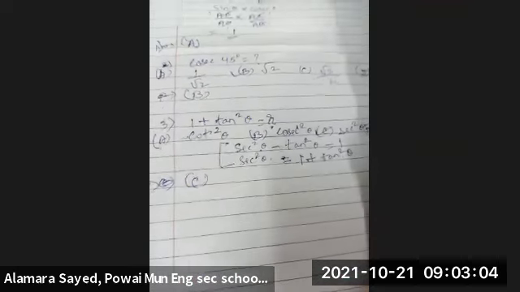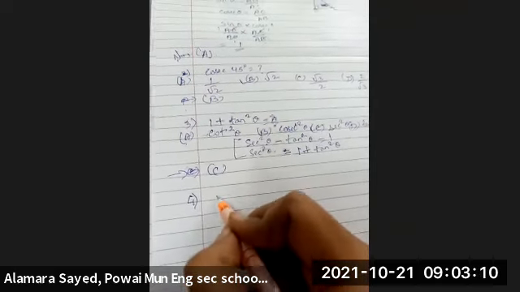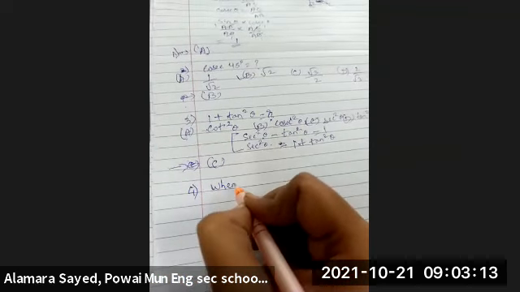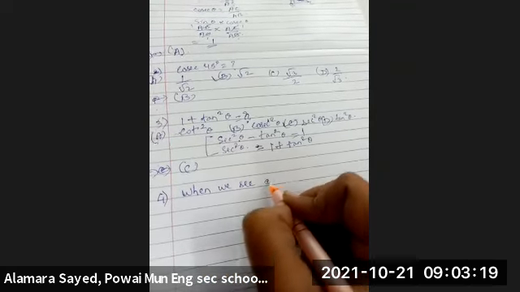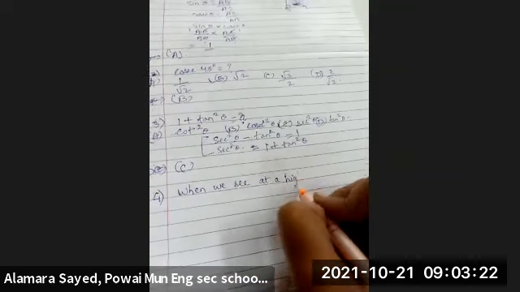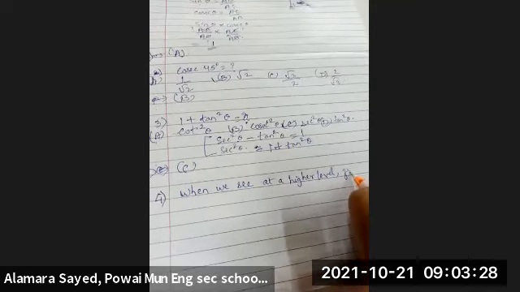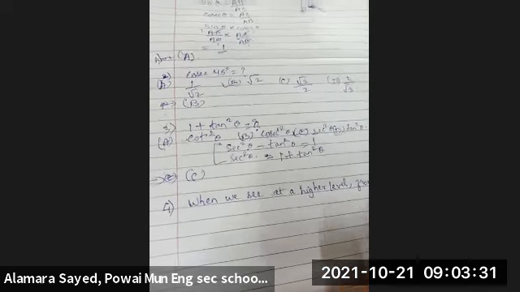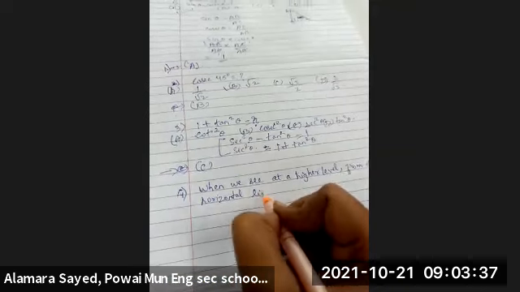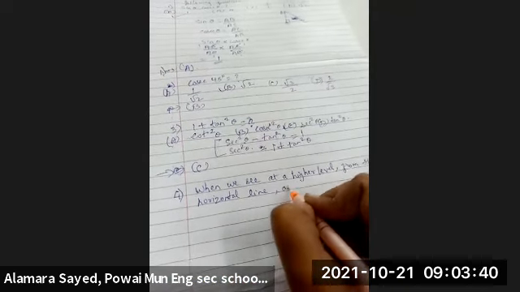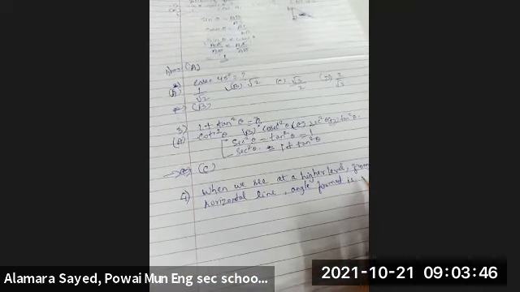Now we will see number 4 from question number 1. When we see at a higher level from the horizontal line, the angle formed is dash.